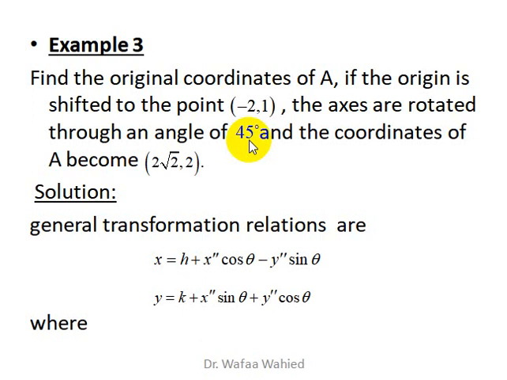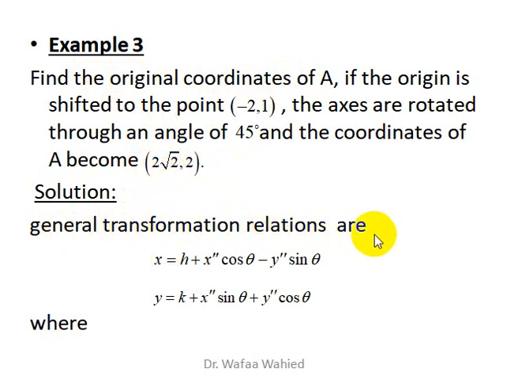Second, we will do rotation of axis. So 45 degrees is the angle of rotation. -2 and 1 is the new origin. This point is the new coordinates of the point A, because we want to find the original coordinates of A.